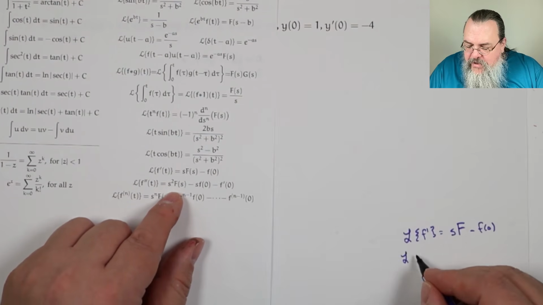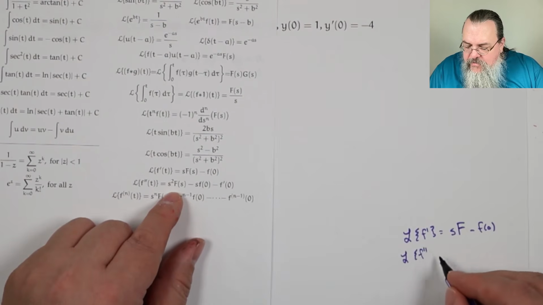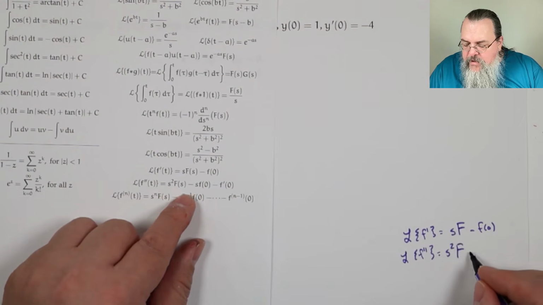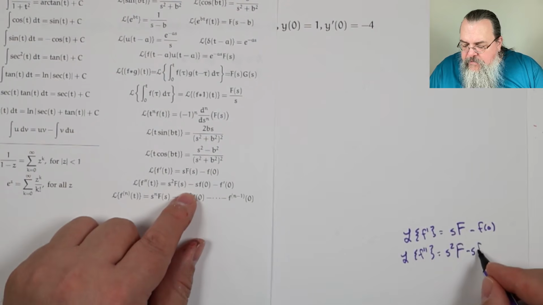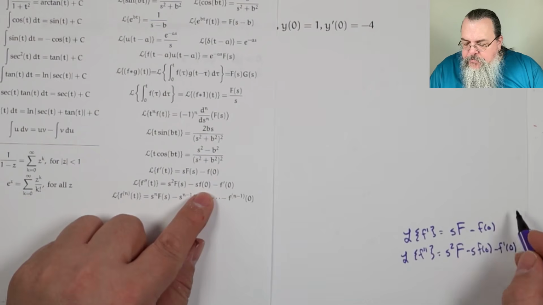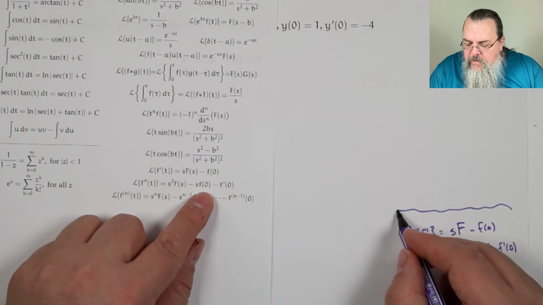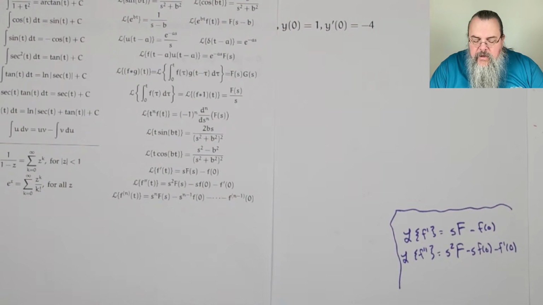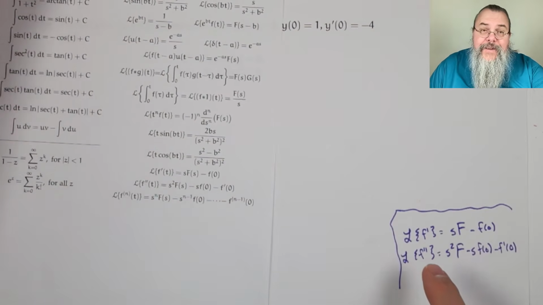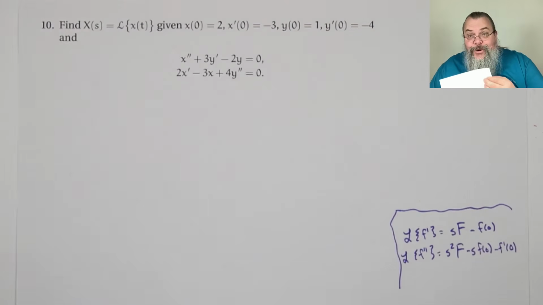The Laplace of the second derivative is s squared capital F minus s f of 0 minus f prime of 0. Okay. And notice we really don't care whether our f is x or y.